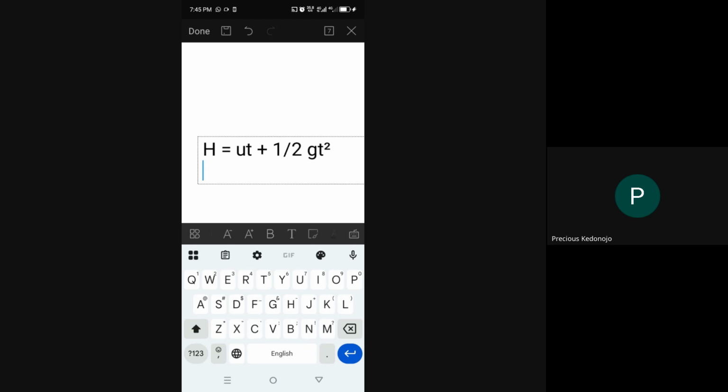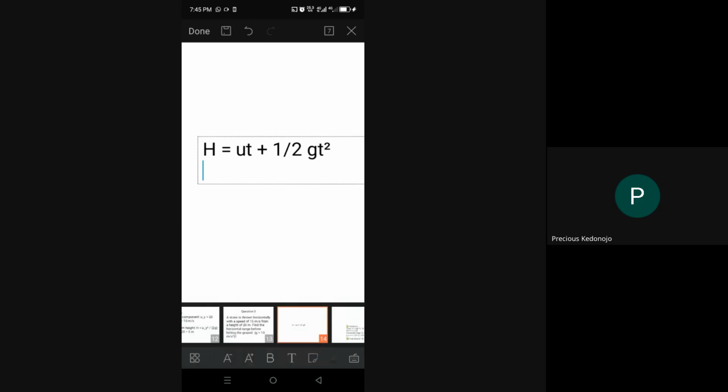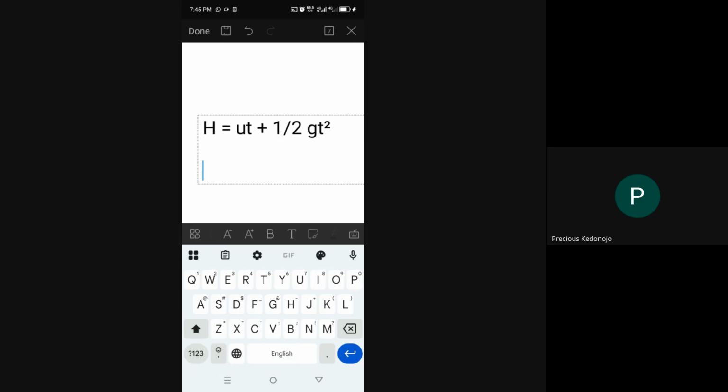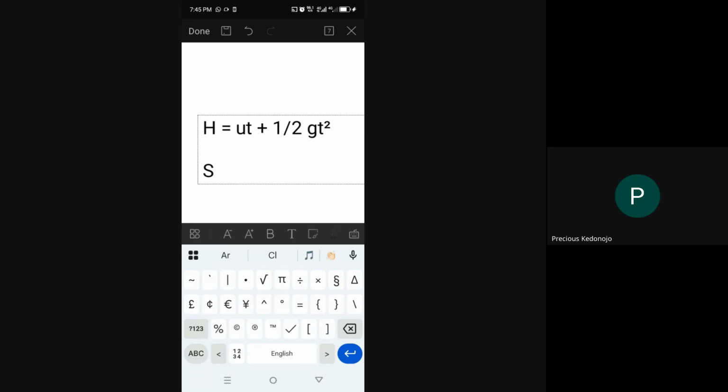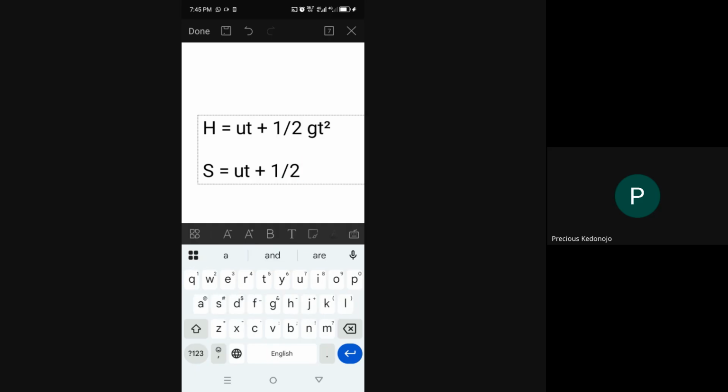Now, why do I need this formula? I want to find time. Why do I need time? Because the main formula that I'm going to use is S is equal to ut, because motion on the ground does not have acceleration due to gravity. But I'm not given time in the question, so I have to use this first formula to find the time.